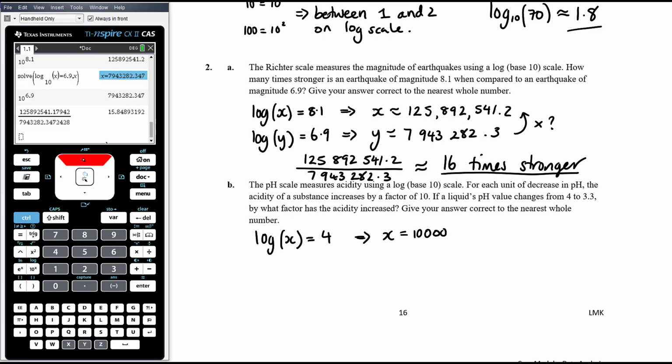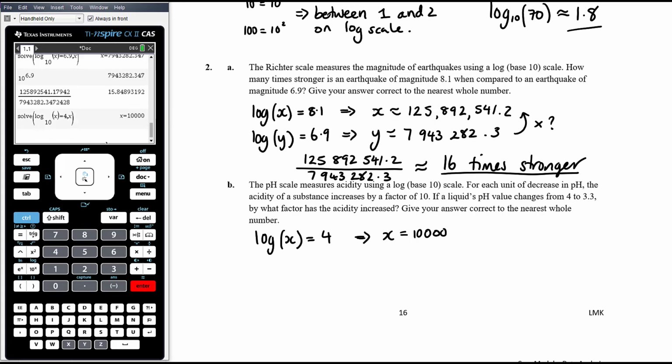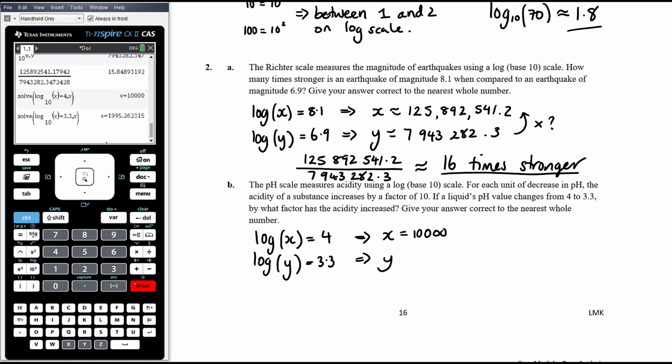But we should be able to confirm that. So I'm just going to take this equation up here and edit it. Log base 10 of an unknown value equals 4. That means that unknown value is 10,000. Log base 10 of a different unknown value is 3.3, which means that unknown value has to be 1,995.3-ish.